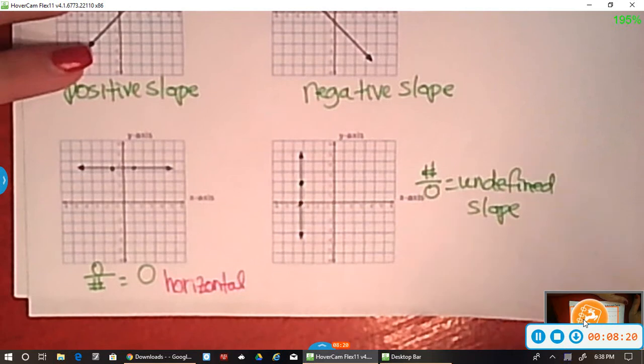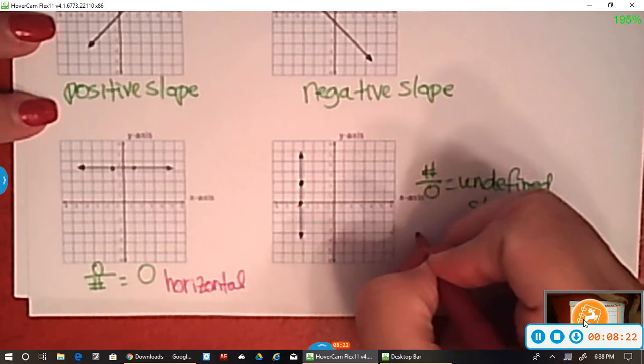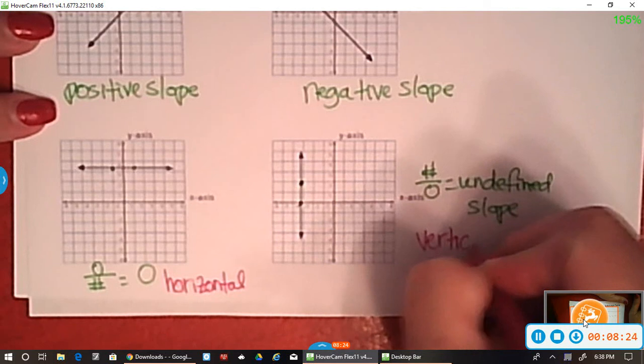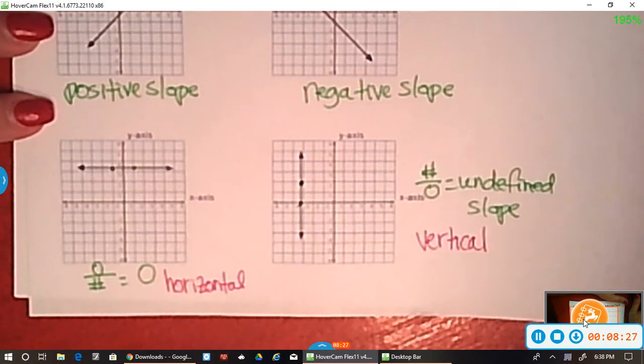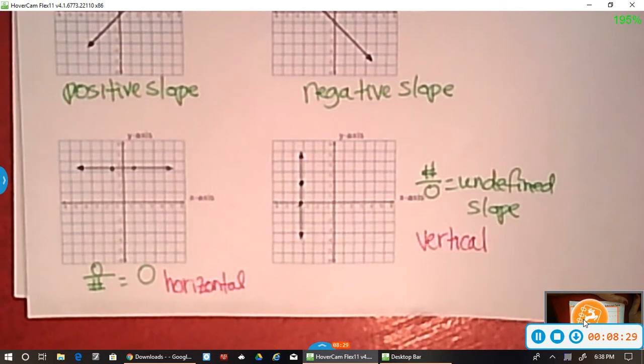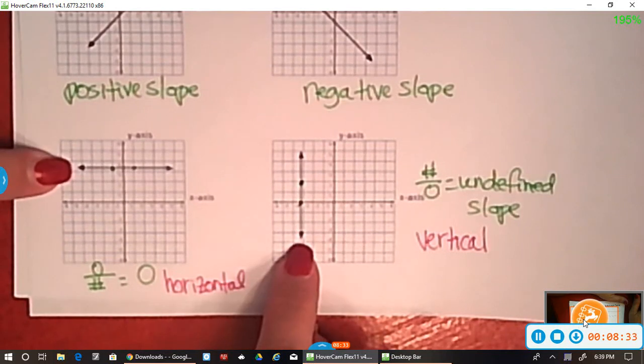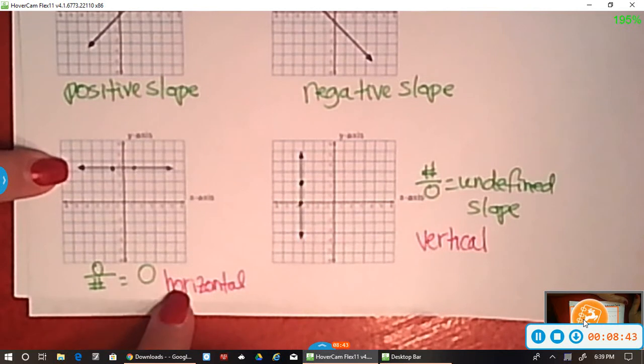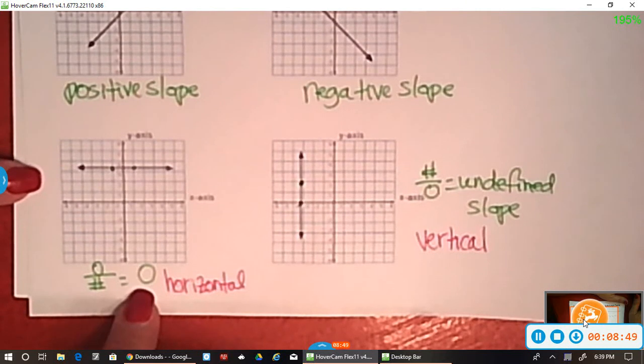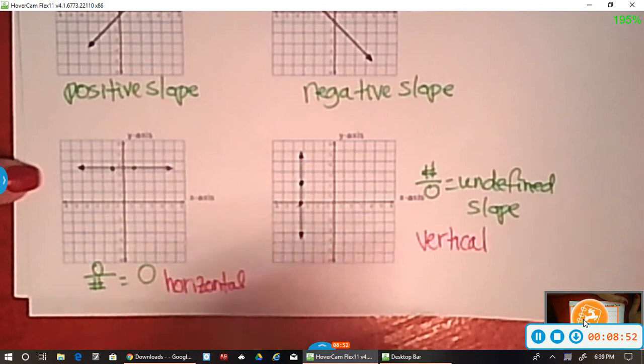So vertical lines have undefined slope. And I don't really have a trick for remembering that one. When I was learning how to do this, I always remembered that of the horizontal and vertical lines, one had 0 slope, the other was undefined. And since I knew that, this trick here, horizontal has an O, told me that horizontal lines had 0, which means by default, vertical had to have the undefined slope.